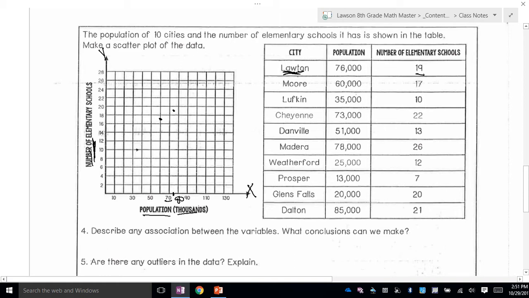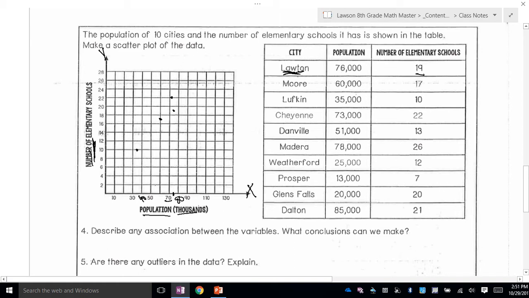We'll put 10. Again, they're counting by 10, so that'd be 30, 40, 50, if you're confused where I'm getting those numbers. Cheyenne at 73,000 will be here in between the 70 and 75 that we marked earlier. They have 22 schools. So at 73, we'll shoot up here to 22 schools and give them a point.